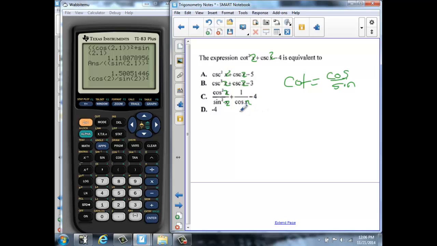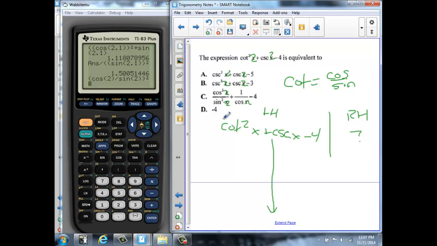It might actually be easier just to try doing it with the identities. Don't get me wrong, you might actually want to try it that way. So really what it means is cotan squared x plus csc x minus 4 is your left-hand side. And your right-hand side, we're just going to leave as an unknown. As soon as this turns into one of these 4, then that must be the answer.